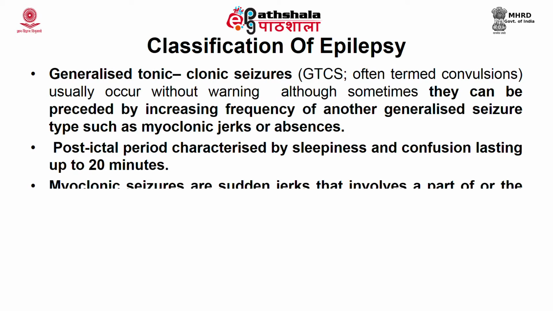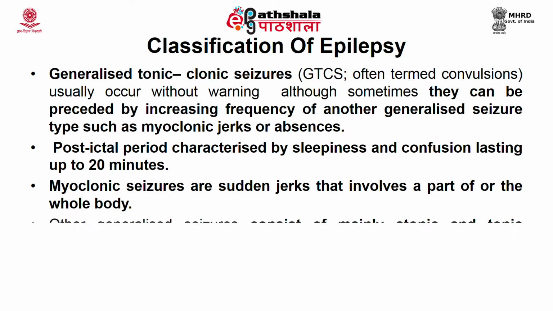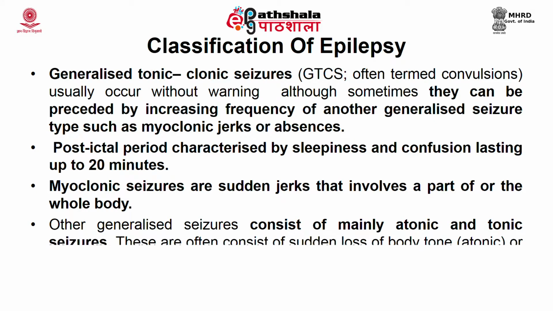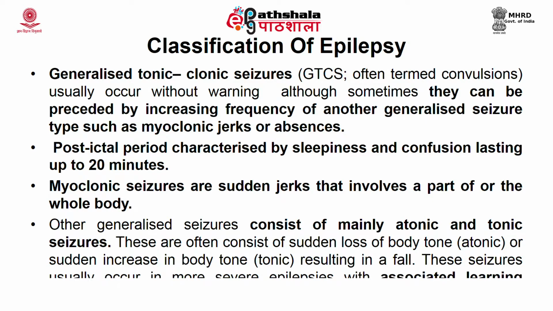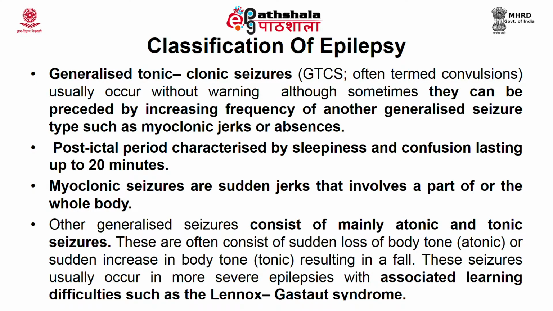Myoclonic seizures are sudden jerks that involve part of the body. Other generalized seizures consist mainly of atonic and tonic seizures. These often consist of sudden loss of body tone or sudden increase in body tone resulting in a fall. These seizures usually occur in more severe epilepsies.